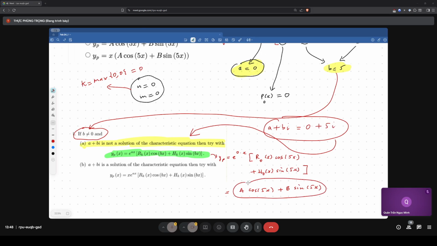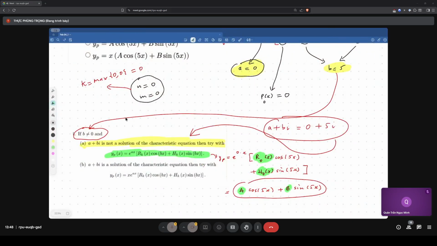So this is the final answer for the form we have. R0 is any polynomial of order 0, and you should have a constant for that, the same for S0. But you cannot write the same constant. I need to have two constants, A and B. Done. So the answer we have for the form is the first one right here, not the second one.